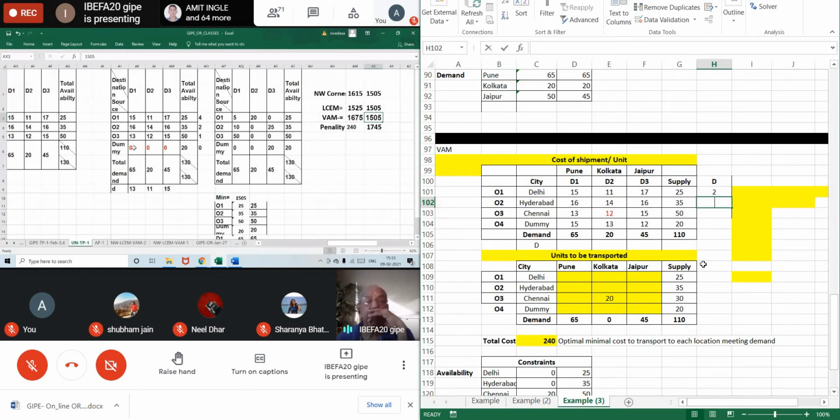But if I write here 15, 13, 12, then it may take it as cost. Or you have to mention here dummy with penalty. If the penalty is not mentioned, then what are you going to do? 0, 0, 0. That's what is done.